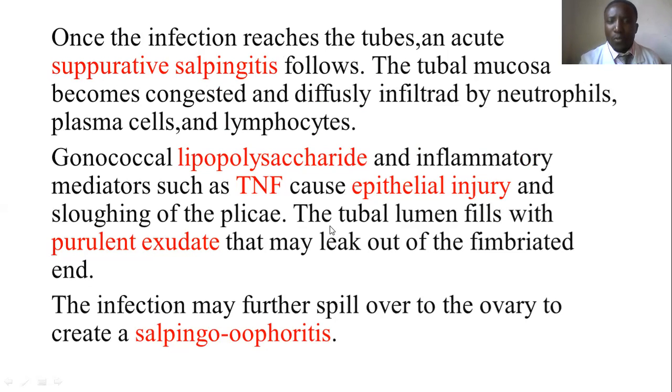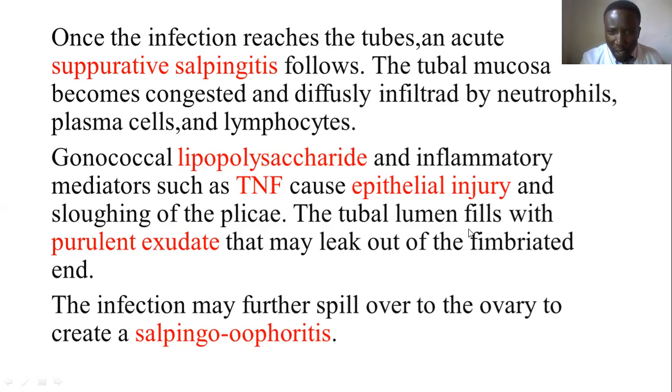So we continue. The tubal lumen, meaning the inner lining of the pipe, inner lining of the tube, is what we mean by the lumen. The tubal lumen fills with purulent, meaning purulent refers to pus. So from suppurative, suppuration means formation of pus. Purulent exudate means that it is an exudate, a fluid with pus.